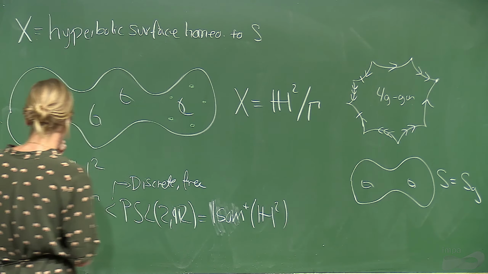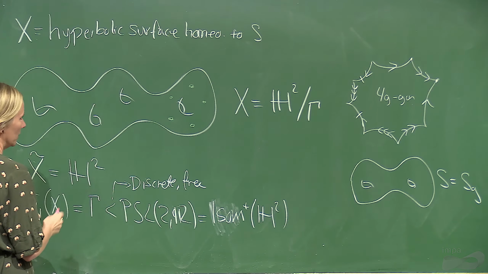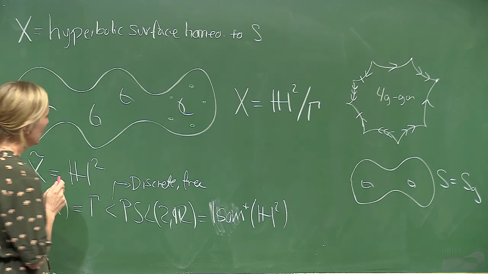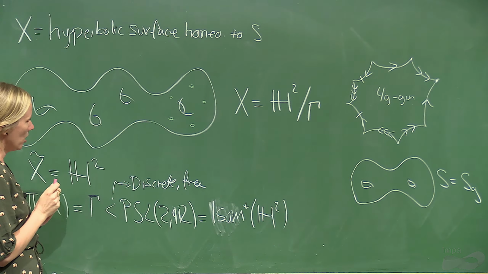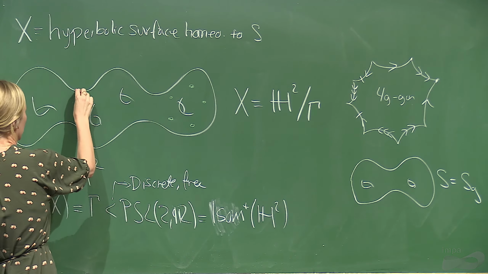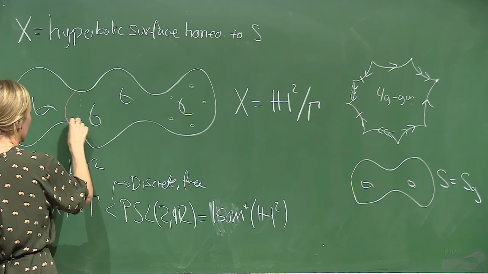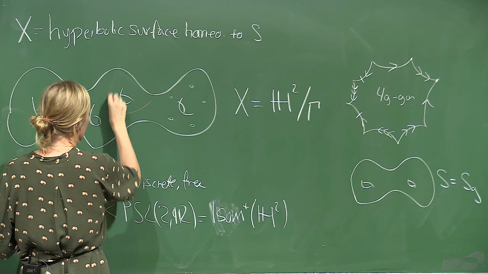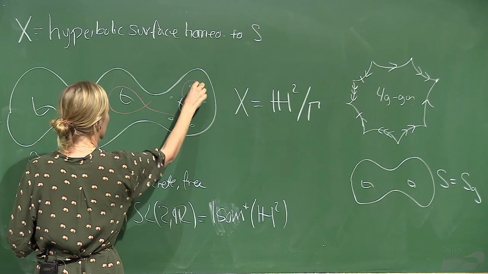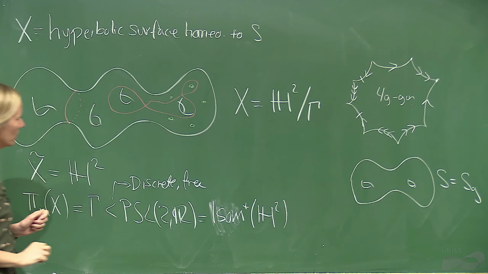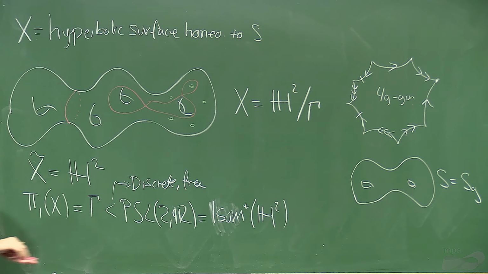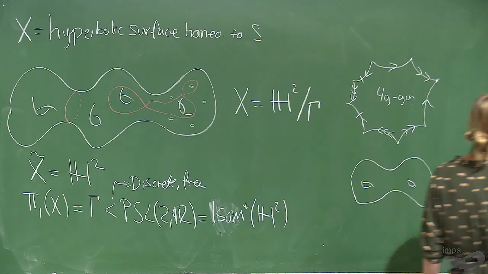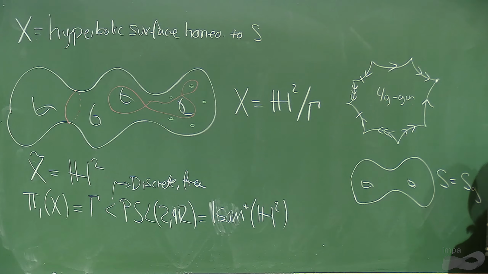Okay, so this is the surface, and we're going to want to count closed geodesics on it. So a closed geodesic, or if I just look topologically, a homotopy class of a loop. It could be something like this, but it doesn't have to be embedded. It could have all kinds of intersections and could be very complicated in general. But gamma, in general, I'm just going to call it the curve.